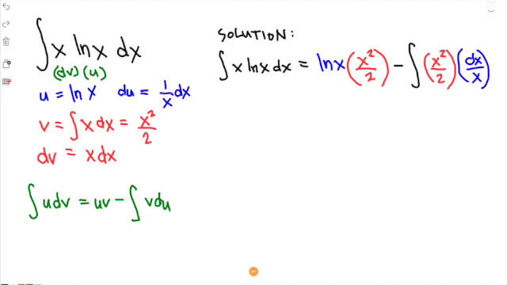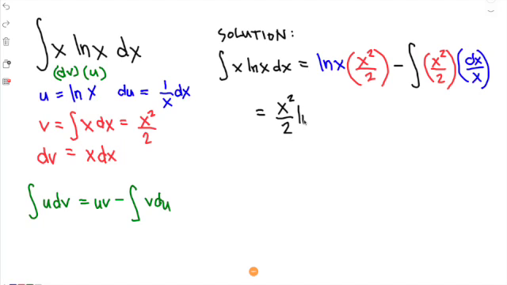Okay, so to simplify our answer, let's do the practice of writing down the polynomial first before the ln.